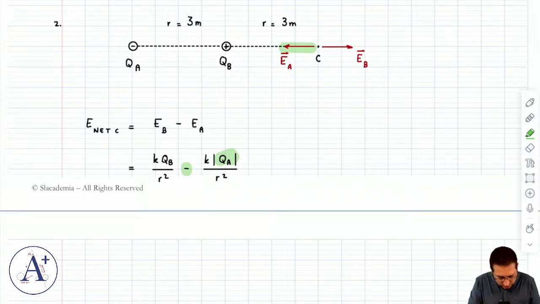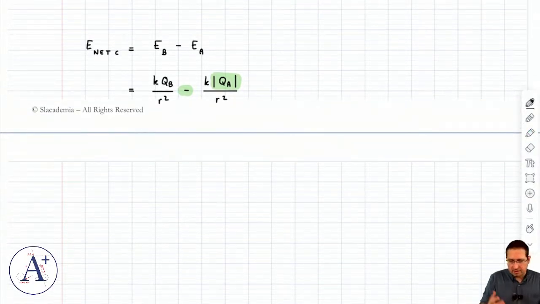If you plug in just QA here, and you plug in minus 2 times 10 to the negative 9, you're double counting your minuses. So it has to be one or the other. Either you write plus here and you plug in minus 2 times 10 to the negative 9, or you write minus and then this is just an absolute value. I tend to prefer that approach, that's just me, but keep that in mind because if you're off by a minus sign, that's probably what happened.